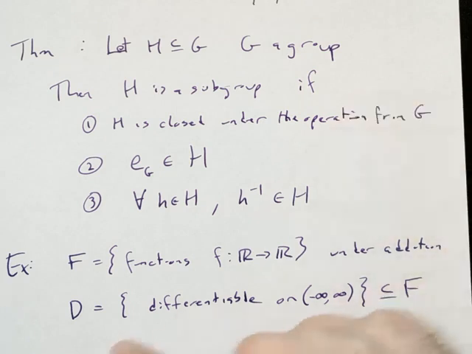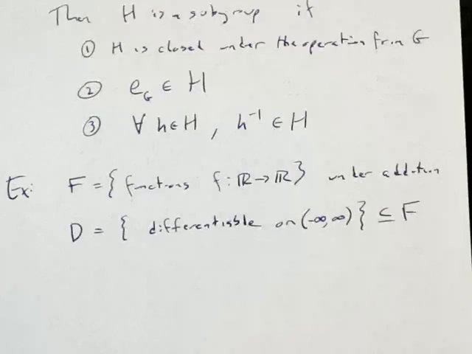If D is closed under addition... Why? You can add derivatives. Ah, the sum rule for taking derivatives. F plus G, all prime, is F prime plus G prime. So if F is differentiable everywhere and G is differentiable everywhere, the sum is still differentiable everywhere.